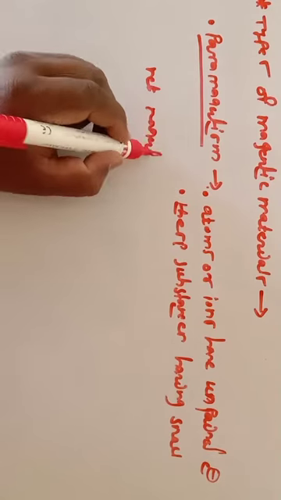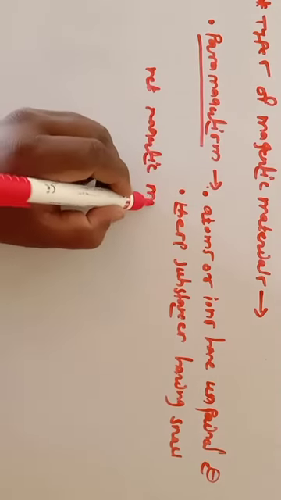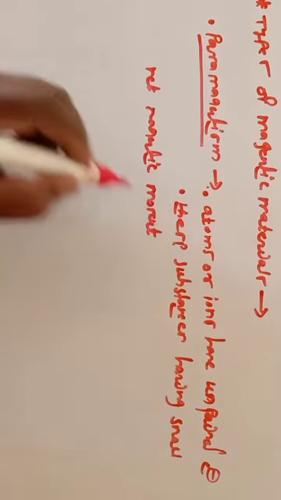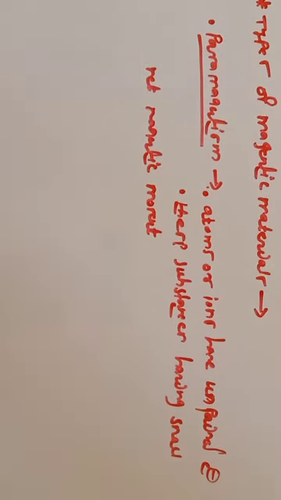We are very much familiar that the orbital motion and spin motion of electrons are the basis for the magnetic moment, and there are unpaired electrons in this paramagnetic material, and therefore these substances have small net magnetic moment. But there is no interaction between these atomic magnets.